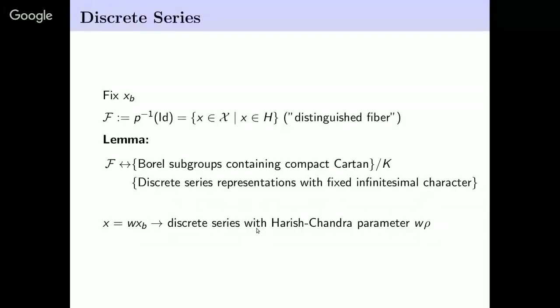So that's the new ingredient when you're talking about representations associated to a Cartan which is not split. The element X is not only telling you which Cartan, but it's telling you a Borel for that Cartan, and it's a K conjugacy class of Borels for that Cartan.